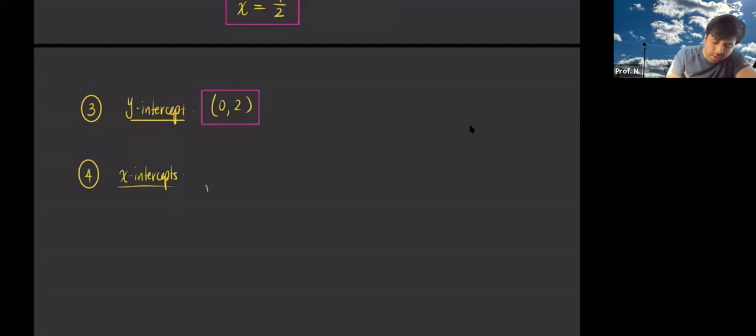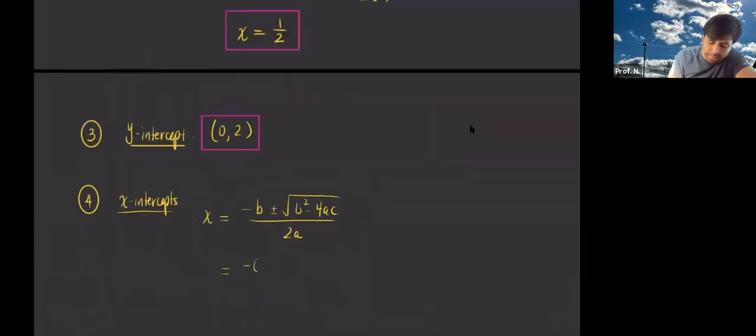So I need to use the quadratic formula. My b value is 1, so this will be -1 plus or minus the square root of 1 squared minus 4 times -1 times 2, all over 2 times -1. Pardon me, 2 times -1.